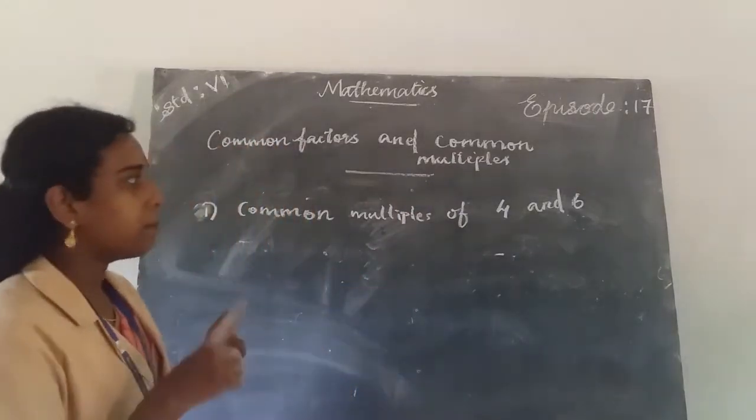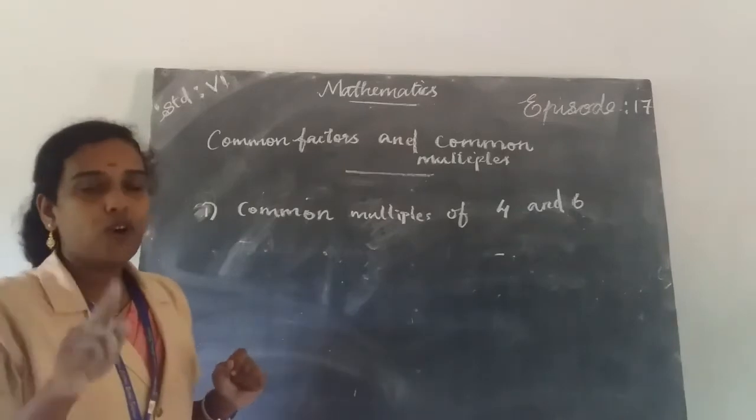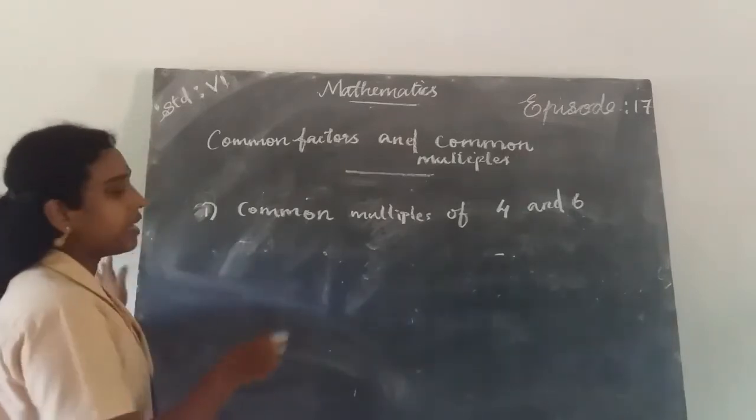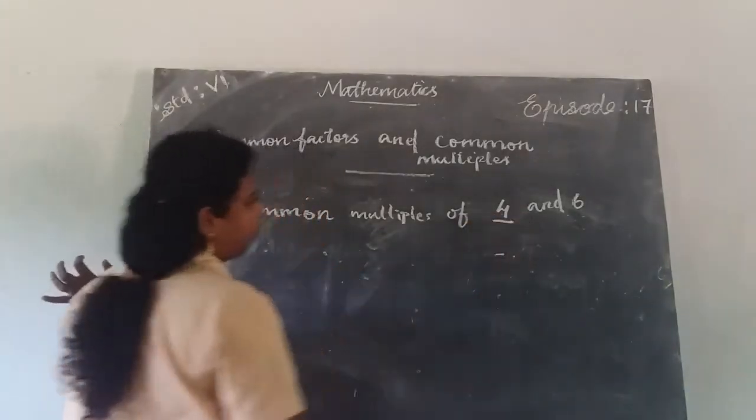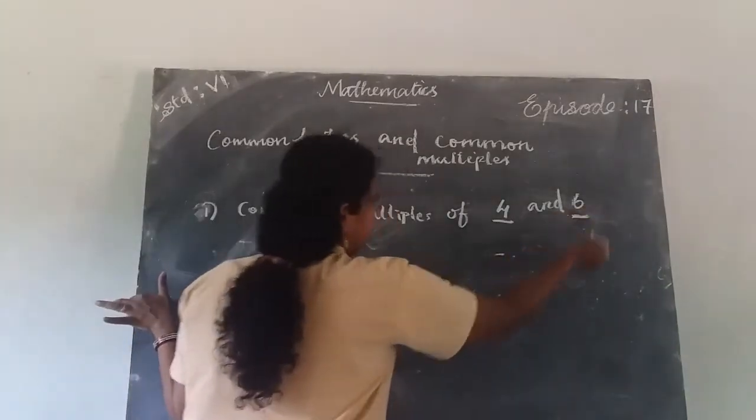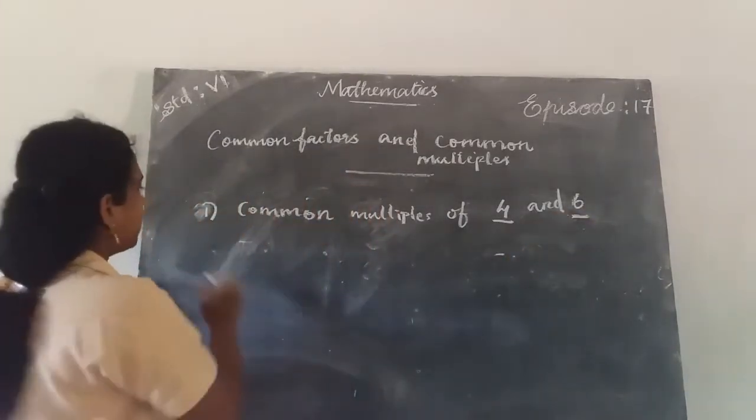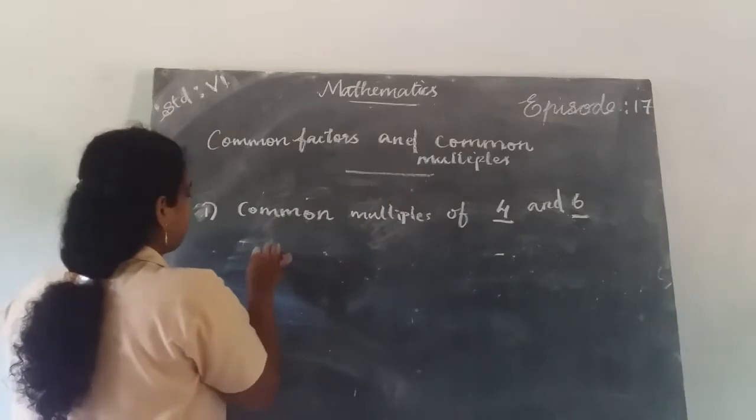Okay. So here the given numbers are 4 and 6. So first we write the multiples of 4, then write the multiples of 6. So first one is the multiples of 4.